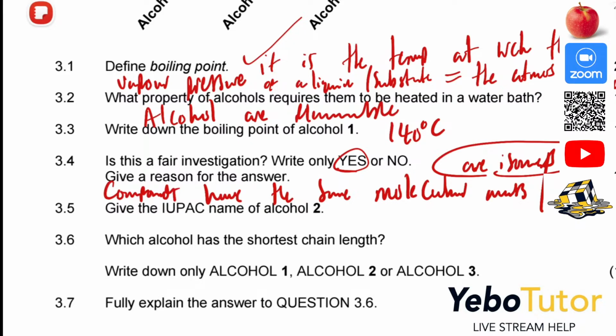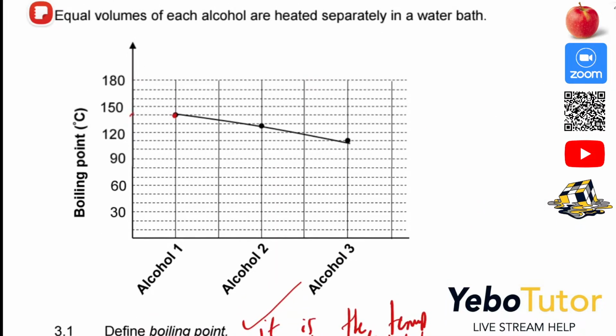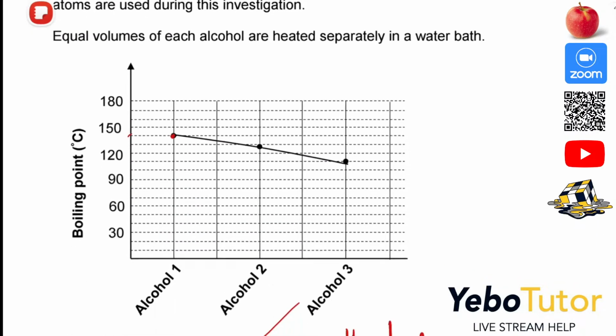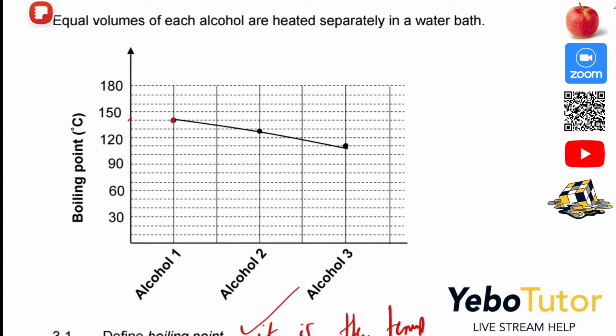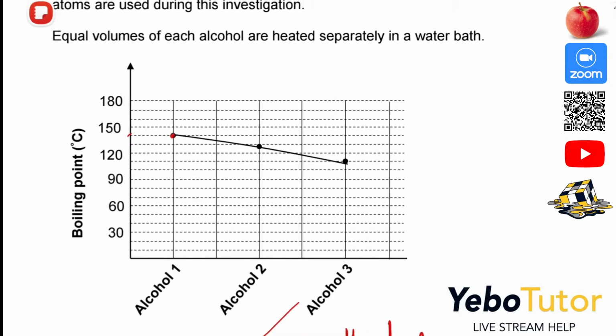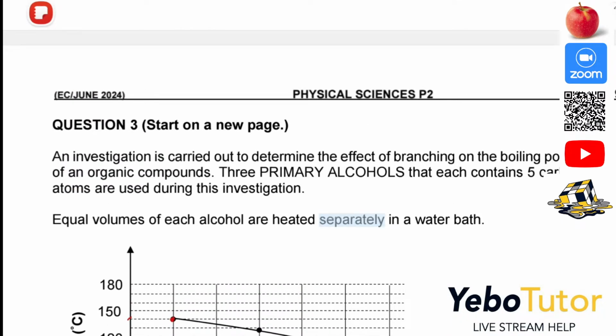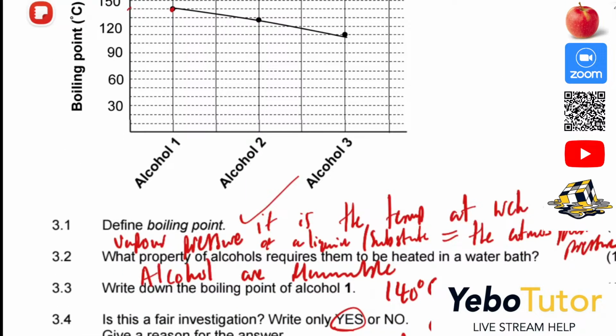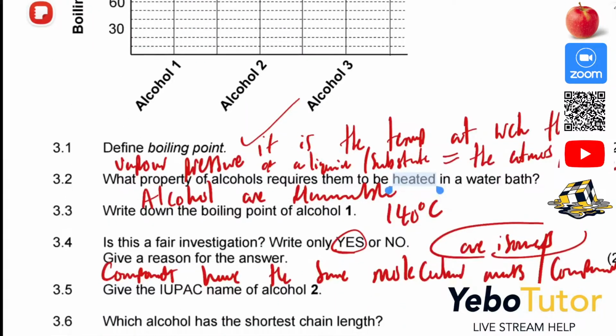Give the IUPAC name of alcohol 2. IUPAC name for alcohol 2. Let's check. Okay, that's not bad.